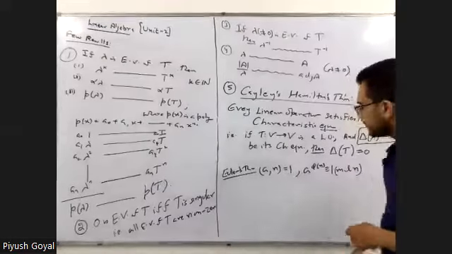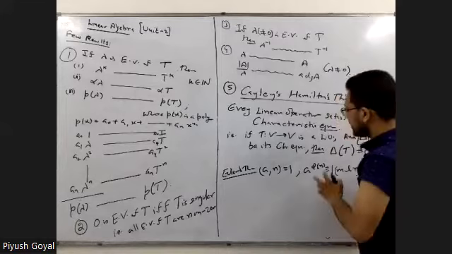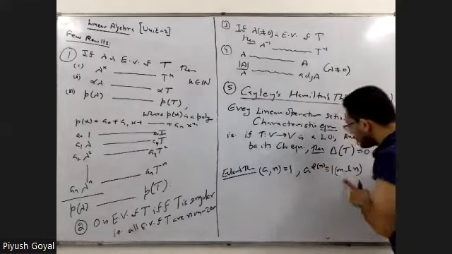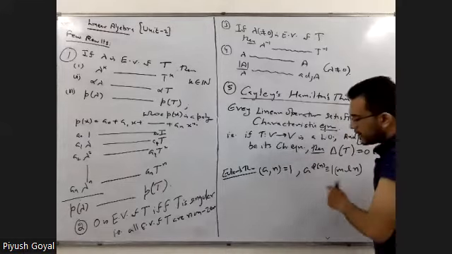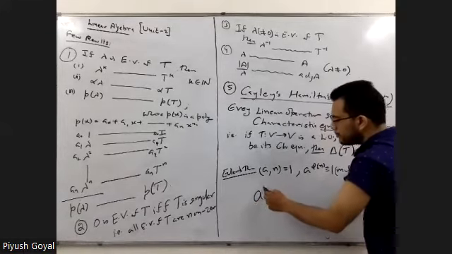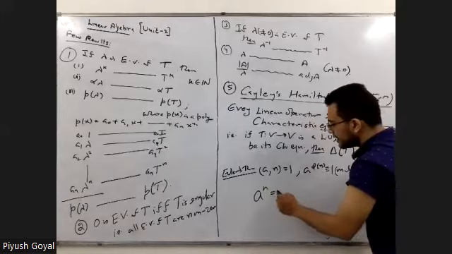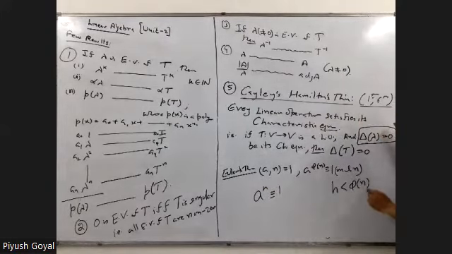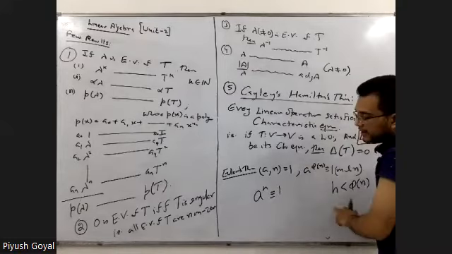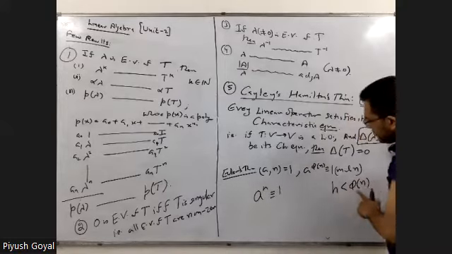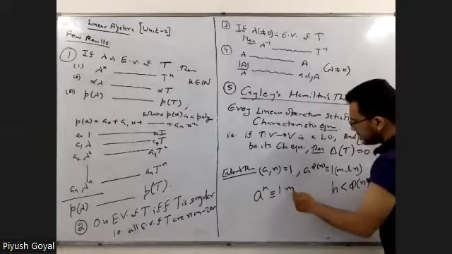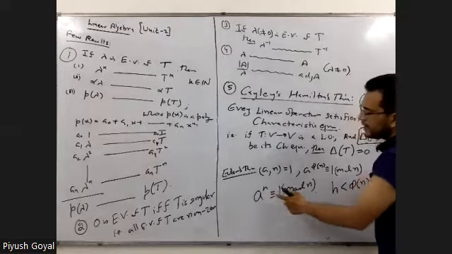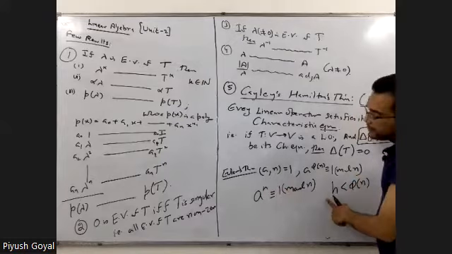Now what we say? We say that whenever a is raised to power phi n, it will surely become 1. But there may exist some power h, which is less than phi n, that still makes a raised to the power h congruent to 1 mod n.